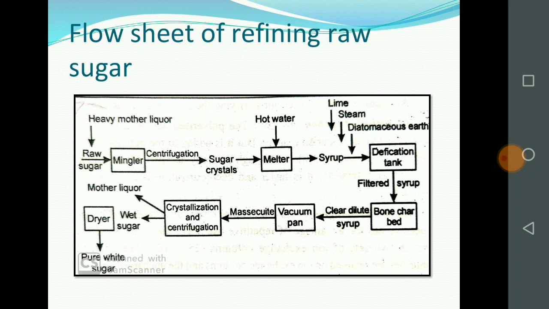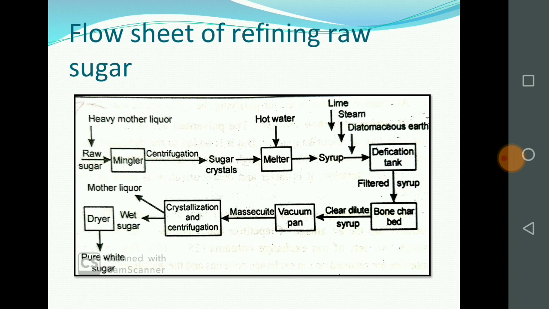Now here is the flow sheet of refining of raw sugar. The refining of raw sugar refers to the decolorization of light brown raw sugar to produce pure white sugar. It involves the following operations, that is, affination.